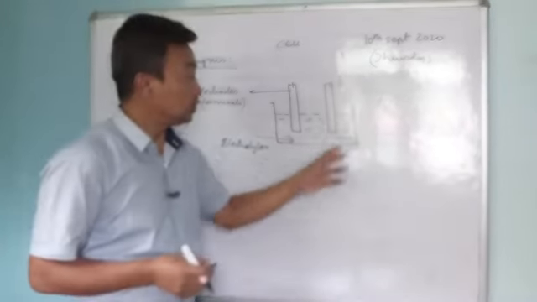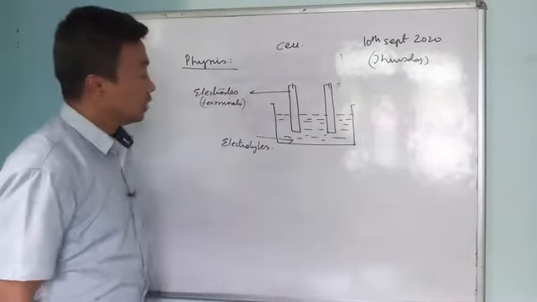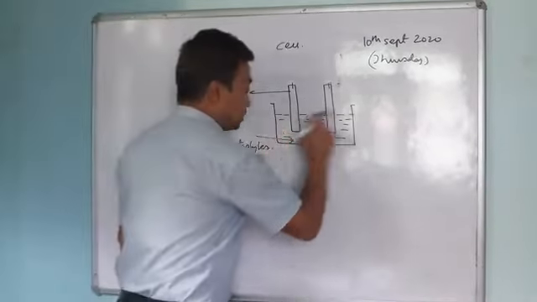Now basically what is the function of the cell? To draw out the current. It gives out the current. So how is the current given? Look at this electrolyte.